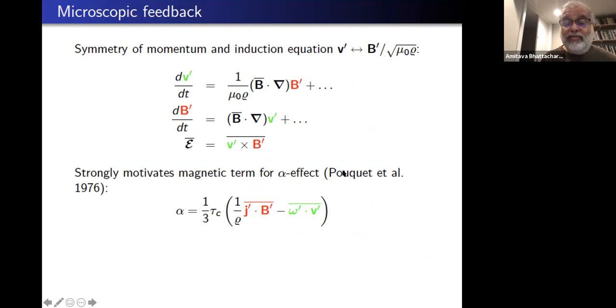And she tells me this is the best paper she ever wrote, written with Uriel Frisch and others. And what she pointed out in this paper is that there is a back reaction that occurs, that the alpha effect is modified. You saw omega prime dot V prime is there, but there's a term that comes in, which is J prime dot B prime, which is what is called the back reaction term, that'll become larger and larger as the system evolves in time. And this term has the effect of diminishing alpha.